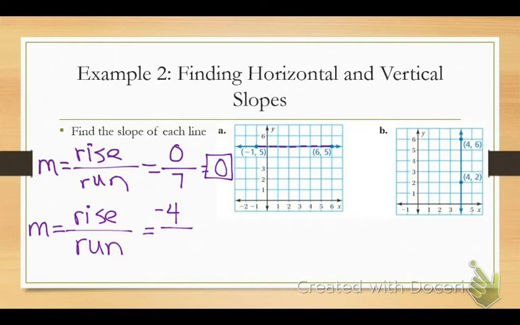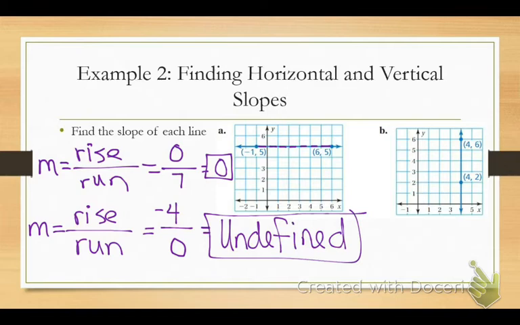Is there any change in my run? No. Again, look back to your terms. When 0 is in your denominator, what is true about your slope? It's undefined. You must fully answer these. If you leave it a fraction but don't say 0 or undefined, I can't give you full credit.